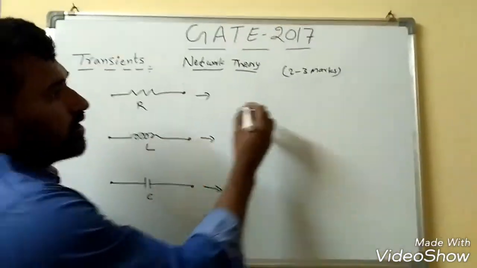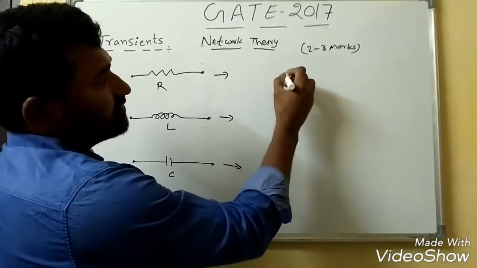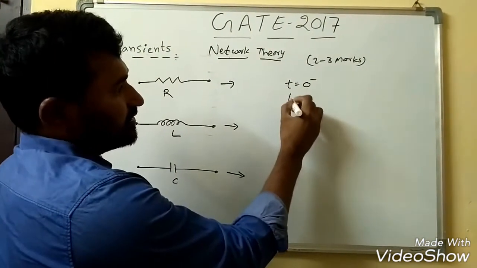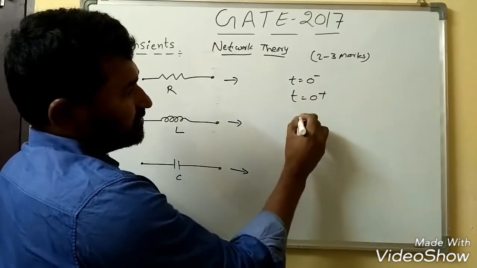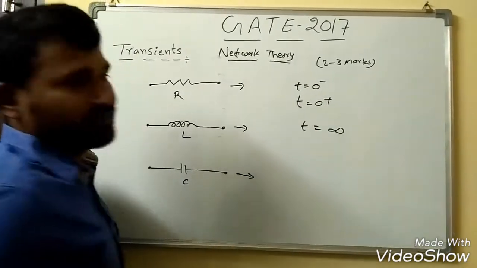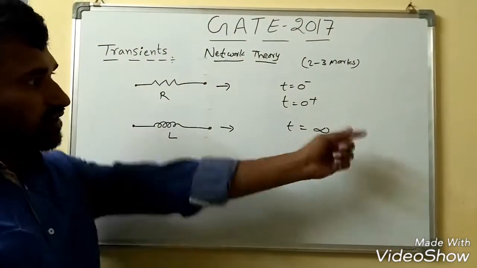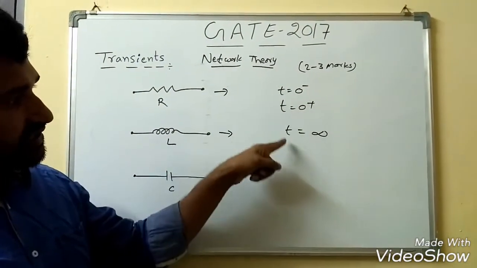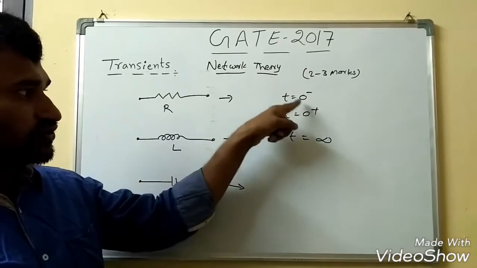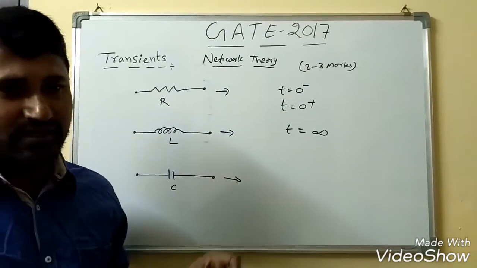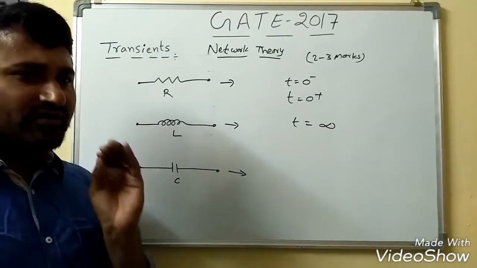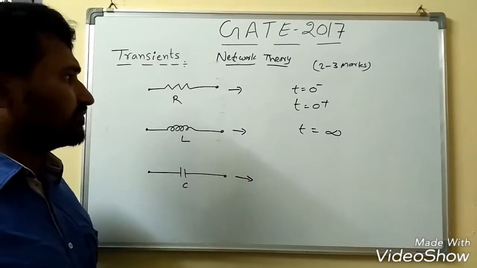That is, how the components will behave at t equal to 0 minus, at t equal to 0 plus, at t equal to infinity. When you know how the elements work in these 3 time conditions, that is 0 minus, 0 plus, infinity, then this transient concept is very easy. We'll easily solve it in the GATE exam.